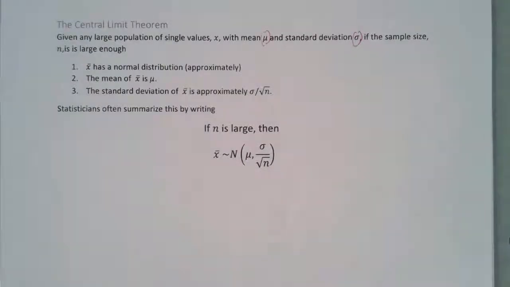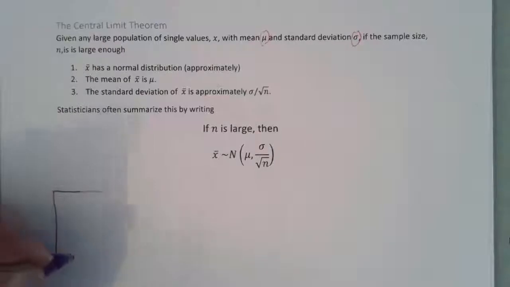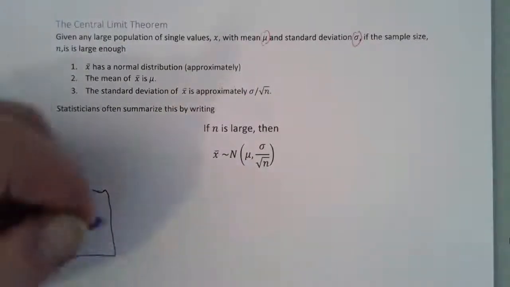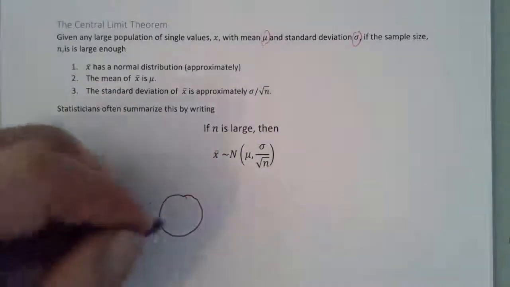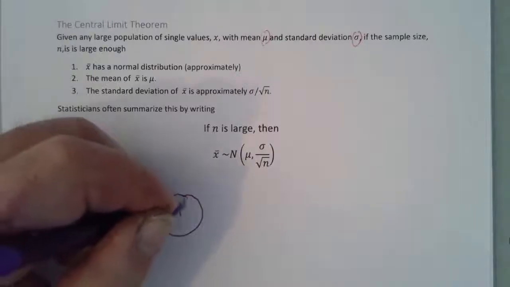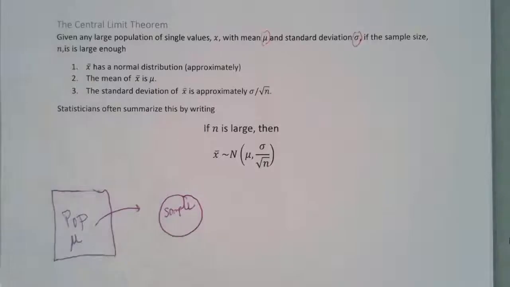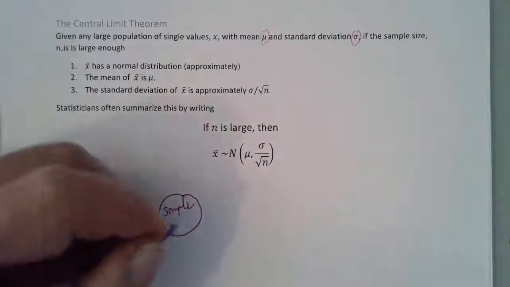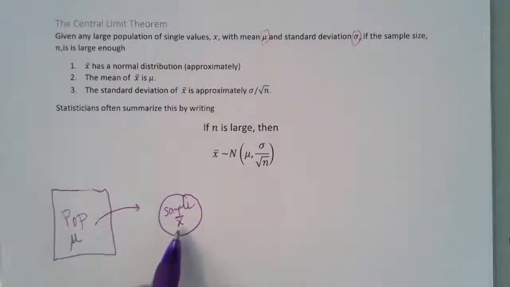Now, one last thing that we might want to mention here is this. Whenever we start with a population, we're drawing out of it some smaller group, which is our sample. Now, there is a mean of this original population, which we're calling mu. There is a mean of this sample, which we're calling x bar.